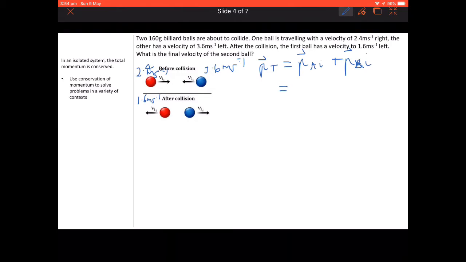This will be equal to the mass of A by the initial velocity of A plus the mass of B by the initial velocity of B. So this would be 0.16 kilos, so 160 grams to kilos, by, we'll say that right is positive and left is negative, so 2.4, and then plus 0.16 by negative 3.6.